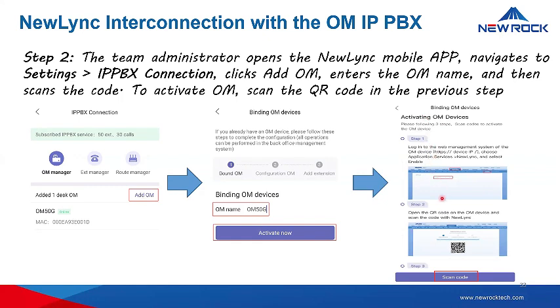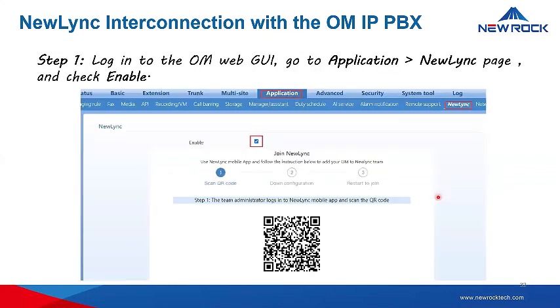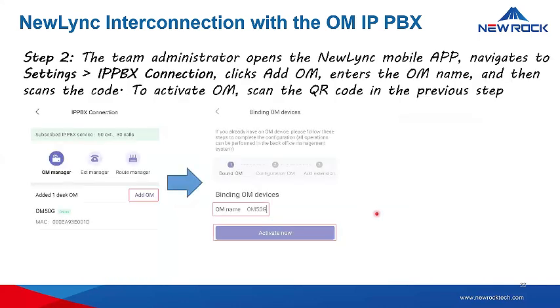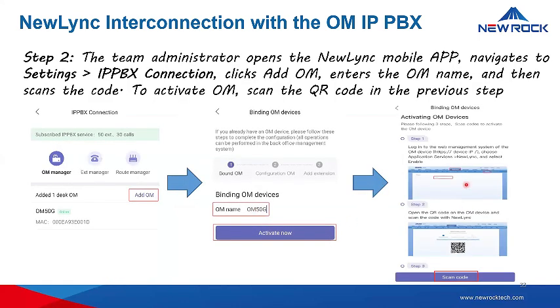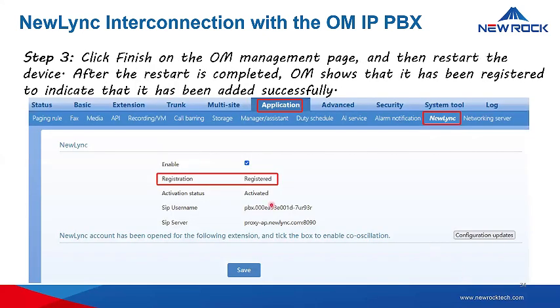Basically you have to go back to this page here, and you can simply scan this one. Open the scan on your phone, then add the OM50G. Click scan code and follow that. After scanning, it will take some time, then it will show that the registration is completed, registered successfully.